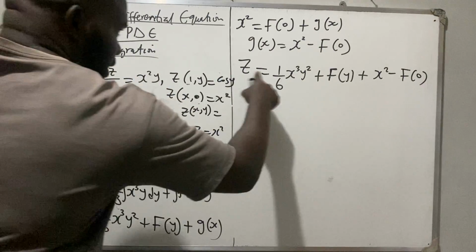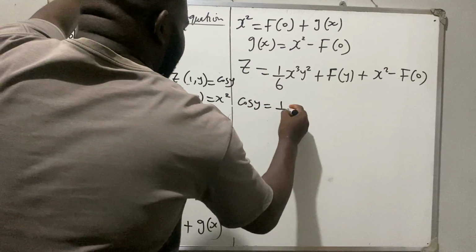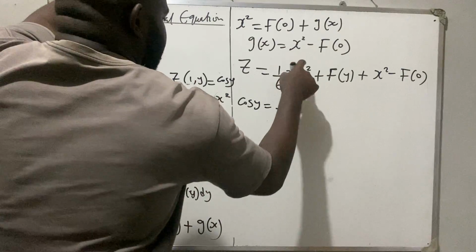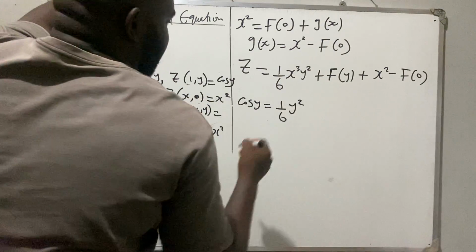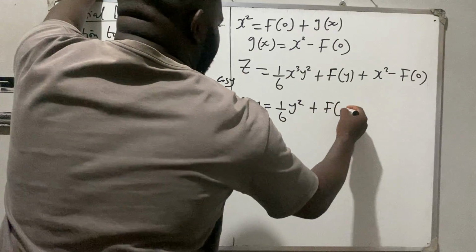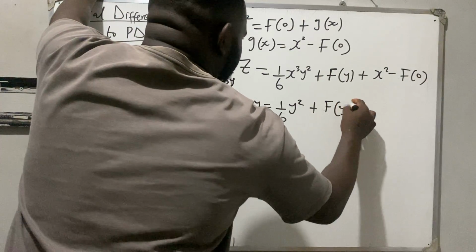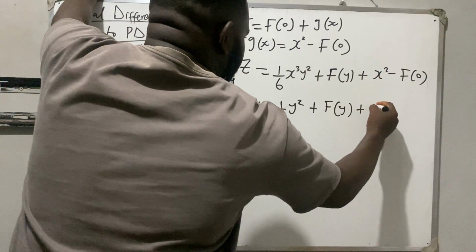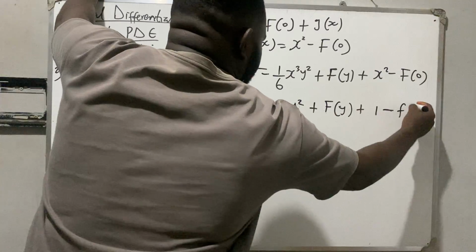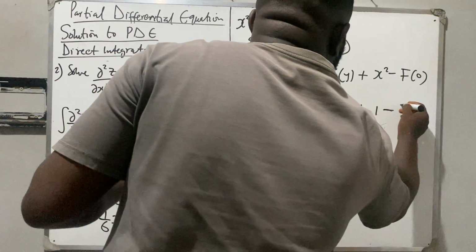So if you put it in this last answer, I'll have that cos y will now be 1 over 6, x is 1, so 1 raised to power 3, this is the same thing. So I have y squared here, plus capital letter F of y, then plus my x squared, this is 1 minus capital letter F of 0.